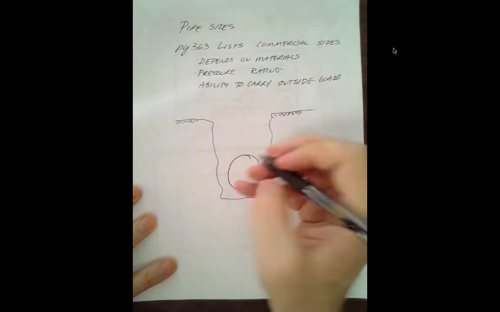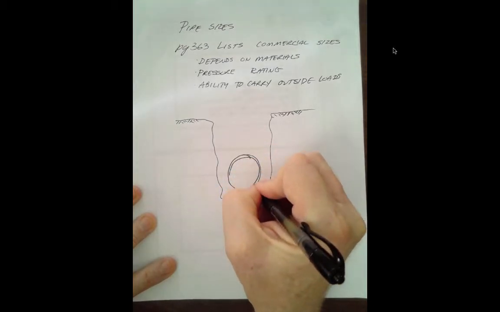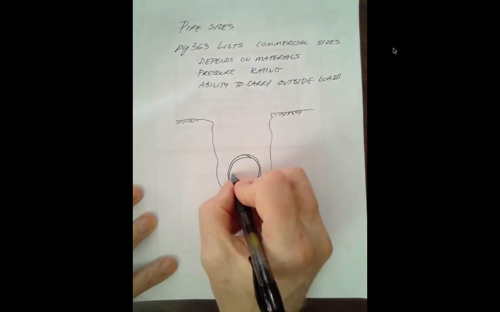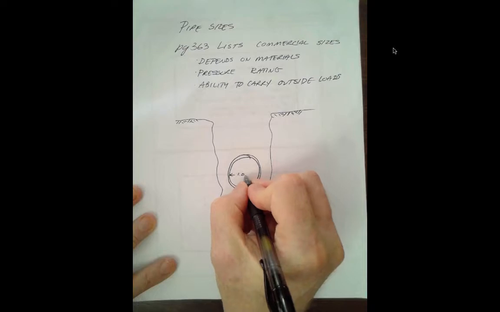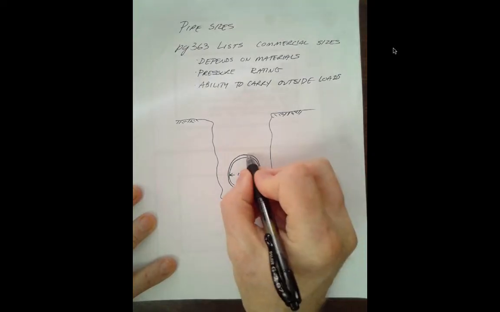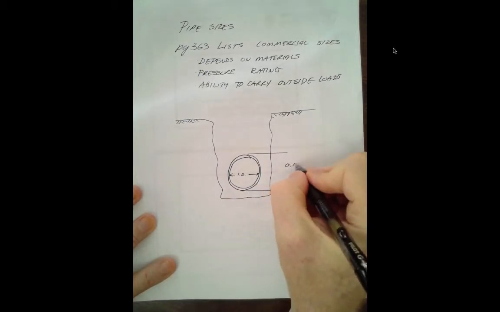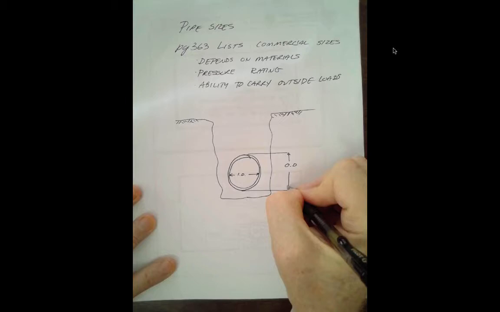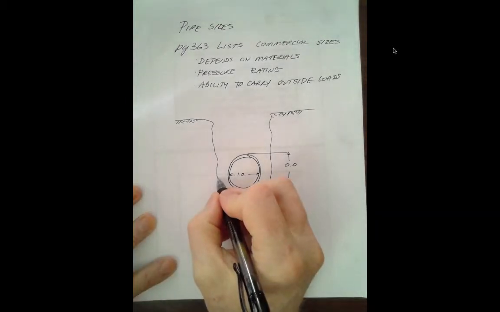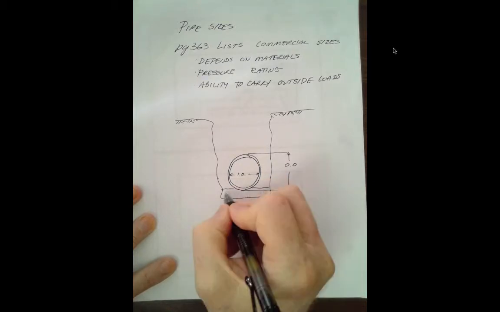So this is my pipe. And when we buy it and do the fluid mechanics part of it, we're interested in what the inside diameter is. But pipes also have an outside diameter. When we put them in the ground, we generally put them on some kind of bedding.